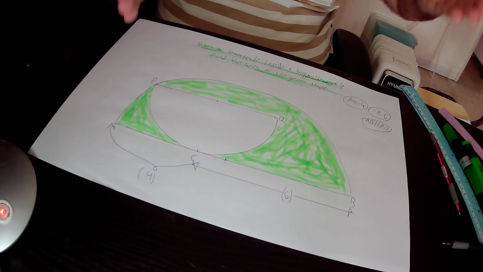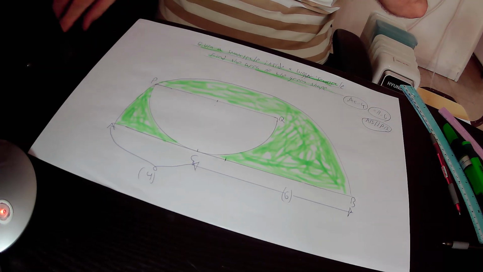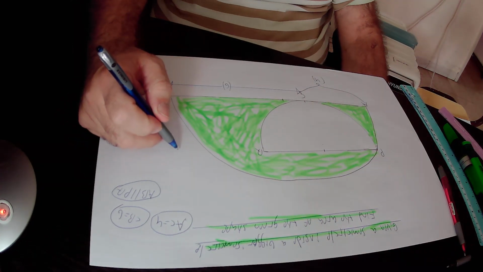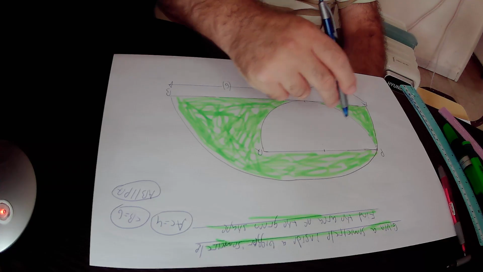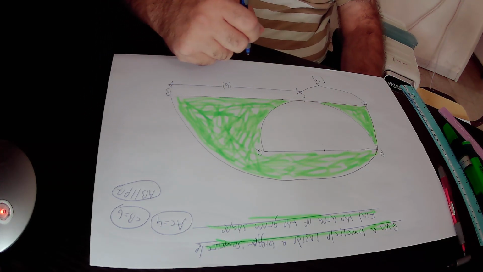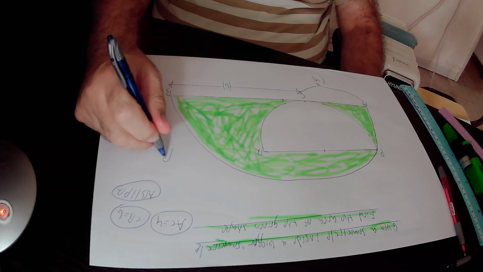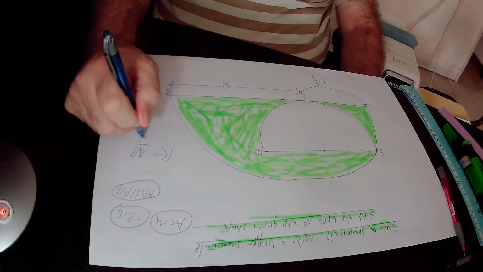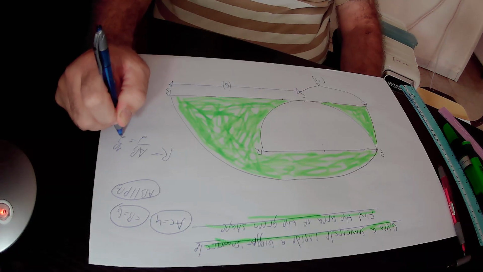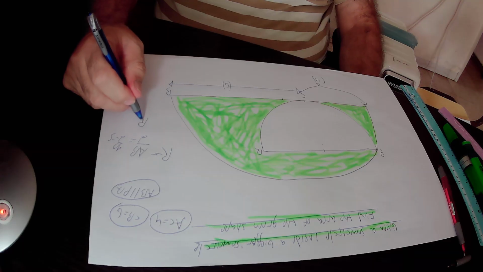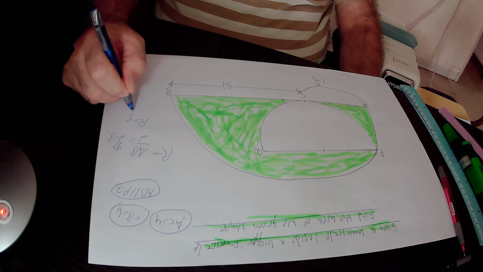So the diameter AB of this big semicircle equals 10. We define the radius of the big semicircle as capital R. So capital R equals AB, the diameter, over 2. AB is 10 and 10 over 2 is 5. So we found that the radius of the big semicircle, capital R, equals 5 units in length.